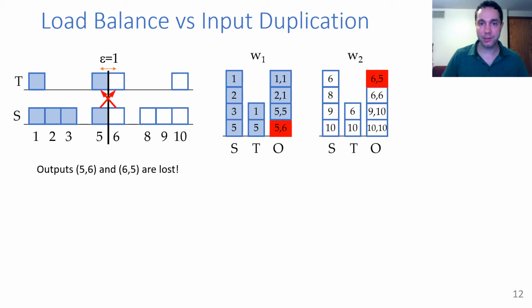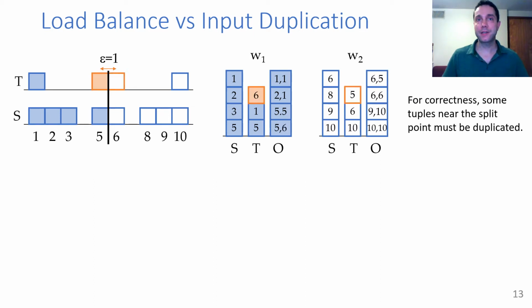So if you look closely, you can see that some output tuples are actually missing here. And these are tuples where one of the join partners is on the other side of the partition boundary. We can fix that by simply duplicating tuples. In this case, we copied the 5 and the 6 of T across the partition boundary.